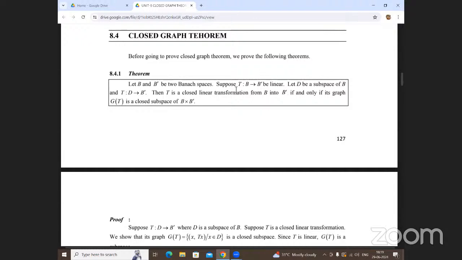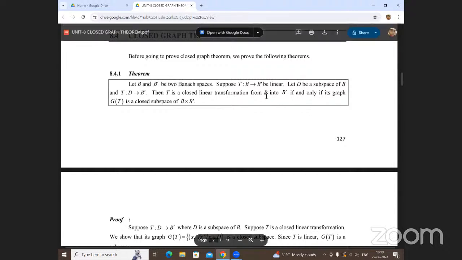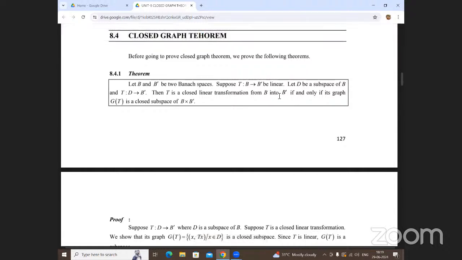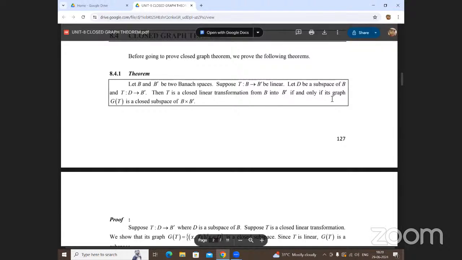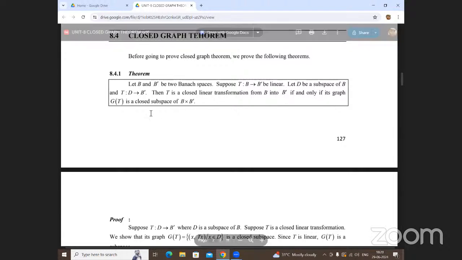Okay. A continuous linear transformation T from B into B dash is closed if and only if its graph is a closed subspace of B cross B dash.